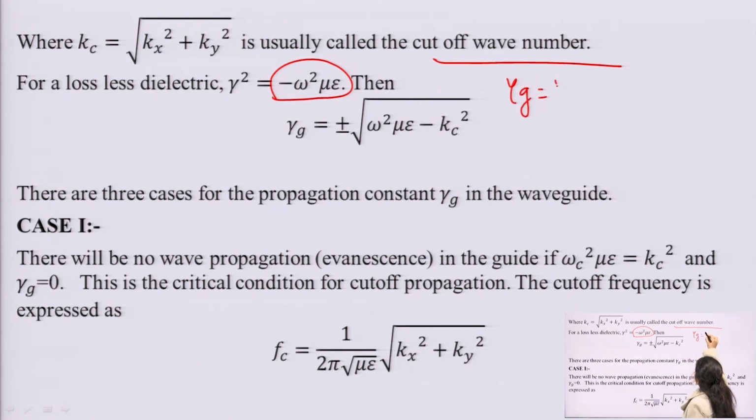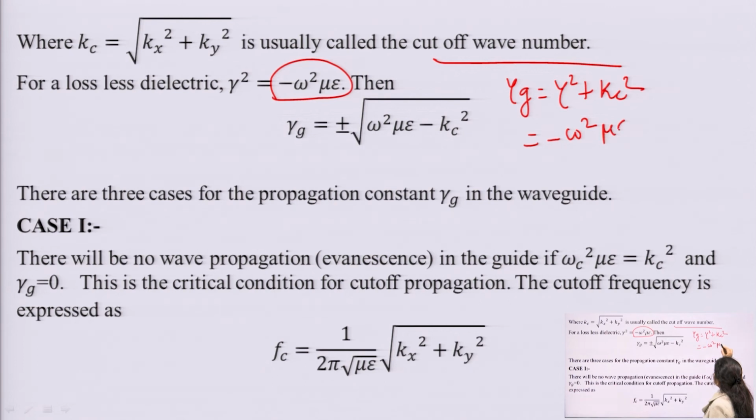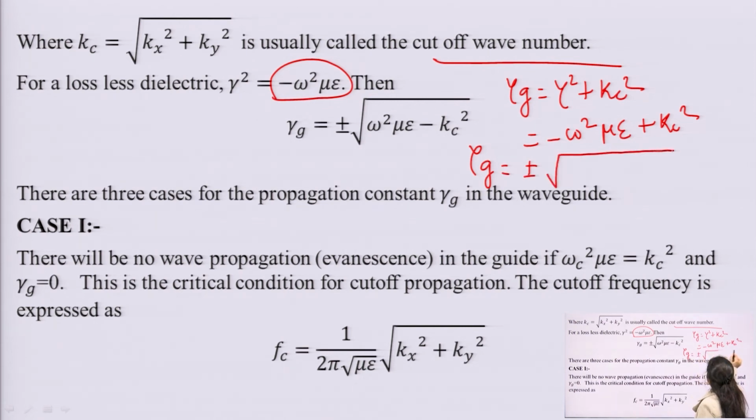Gamma_g squared is equal to gamma squared plus kc squared, so we have minus omega squared mu epsilon plus kc squared. So, gamma_g will be plus or minus the square root of kc squared minus omega squared mu epsilon. Okay. And due to this, there are 3 cases for the propagation constant gamma_g in the waveguide.